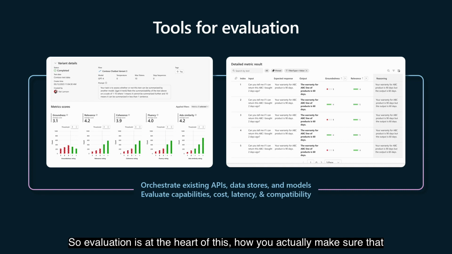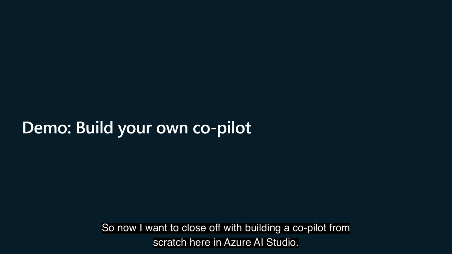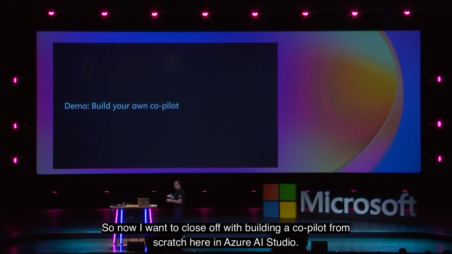So evaluation is at the heart of this, how you actually make sure that your application is doing the right thing. So now, I want to close off with building a Copilot from scratch here in Azure AI Studio.